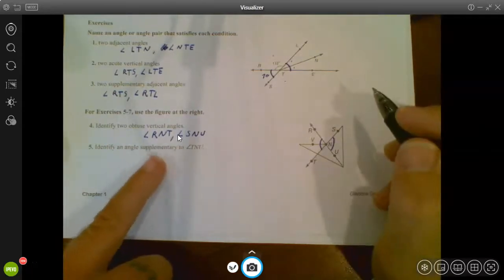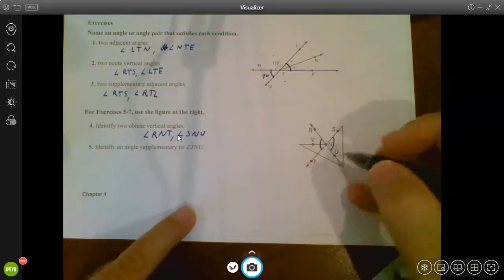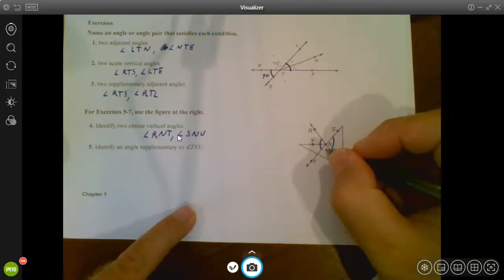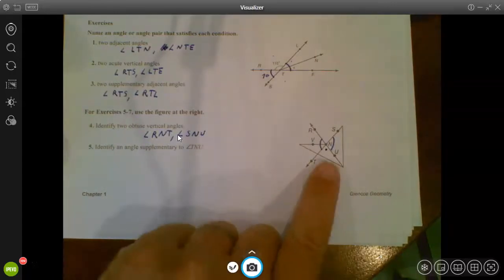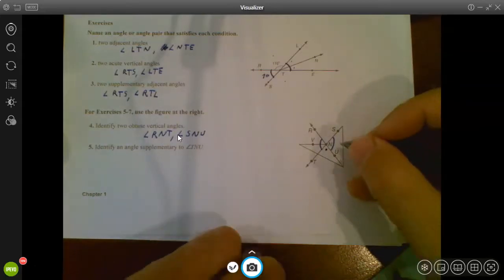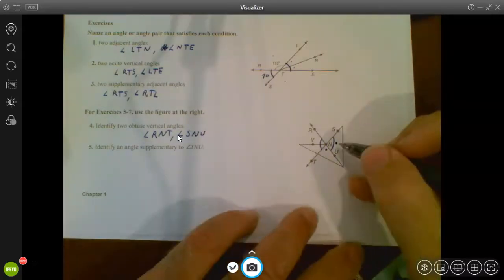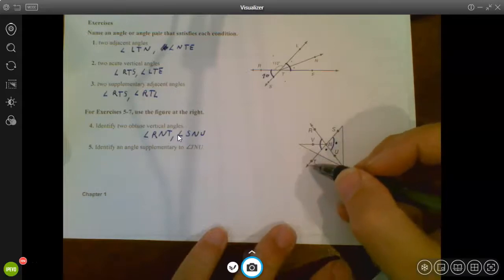Identify an angle that is supplementary to TNU. So remember, supplementary means they have to add to 180. So angle TNU. So what angle would be supplementary to that one where I just put the dot? In this case, we're basically looking for a linear pair, right? Let's pick an angle that's right next to it, like this one, that are for sure 180 degrees because they form a line.